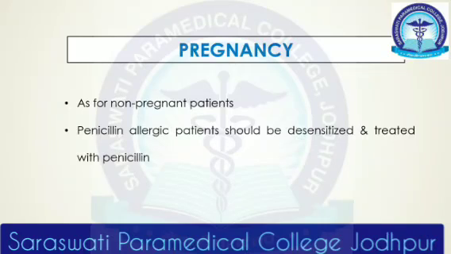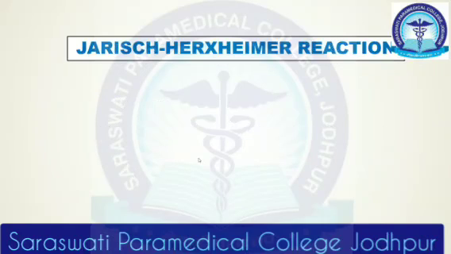So the treatment would involve desensitizing these pregnant patients to penicillin so that you can use penicillin in them. Lastly, penicillin therapy at all stages of syphilis can be complicated by the Jarisch-Herxheimer reaction.